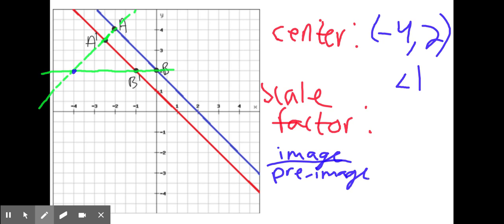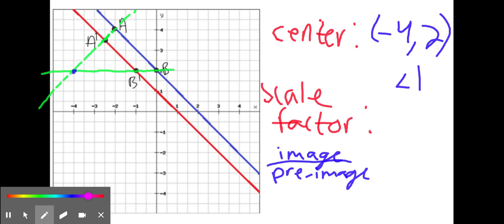So if you have some point on your figure that is in line directly with the center, that's probably the easiest one to look at. So here I'm going to be using point B and B prime to determine the scale factor.